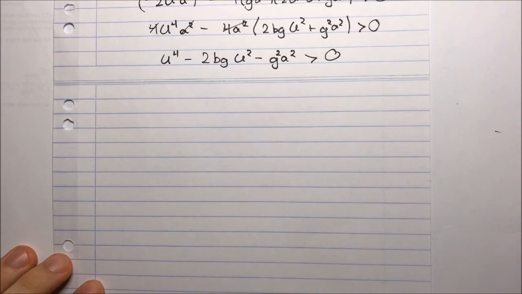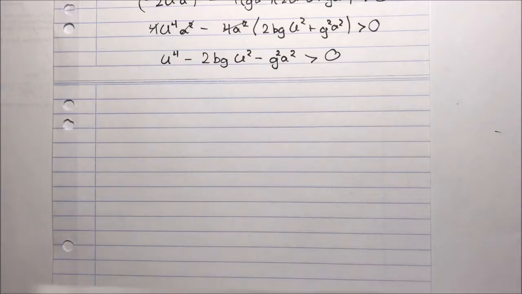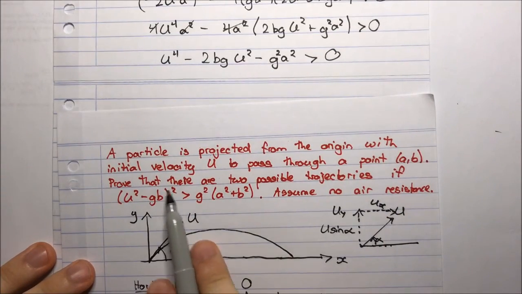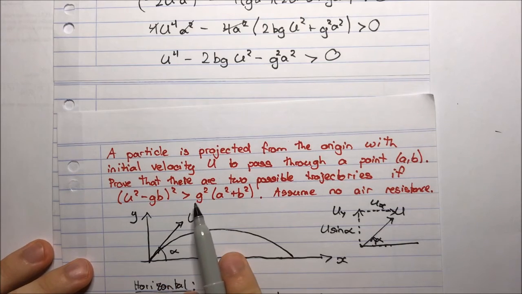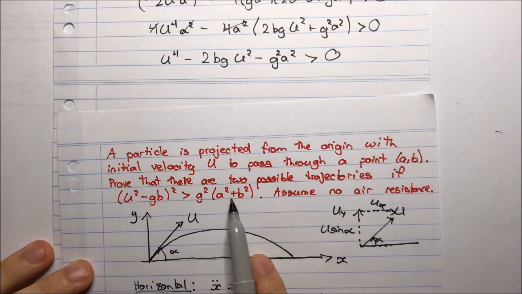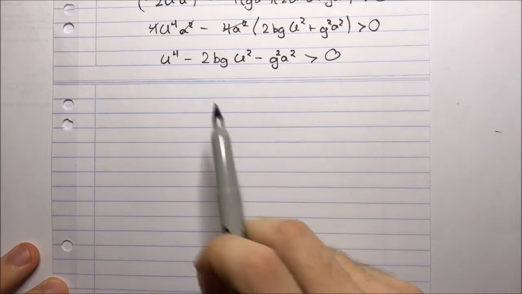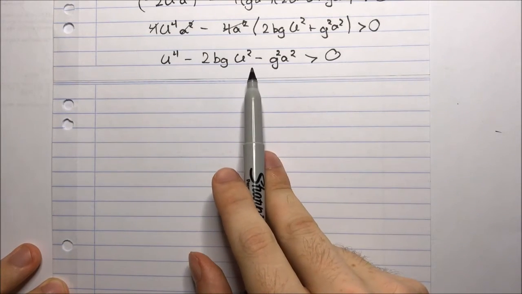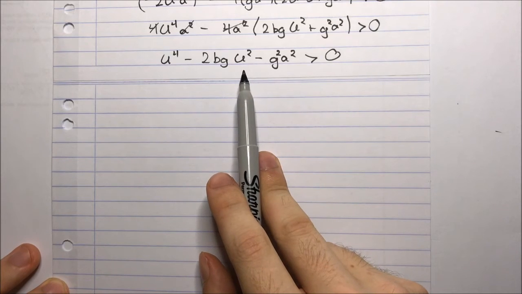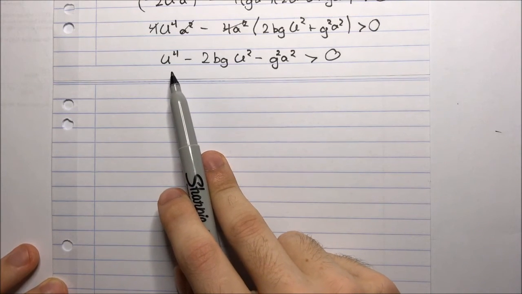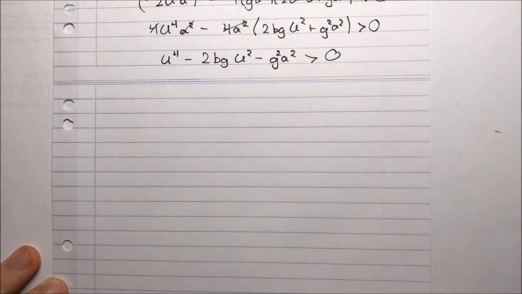So let's have a look at what our question wants us to have. We're almost there. We have u squared minus gb all squared is greater than g squared into a squared plus b squared. So I want to get this u squared minus gb all squared into it. And I can see that here I kind of have a quadratic in terms of u squared. If I can complete the square to get what I want, then I think that's the way to go.